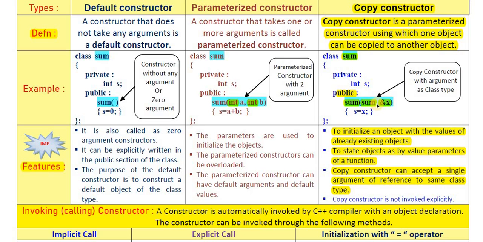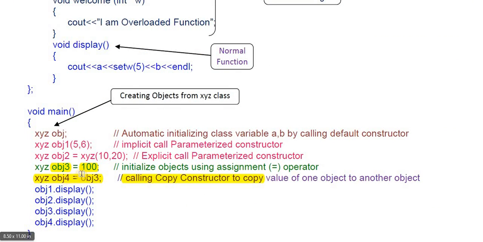Here in the example, the third point is explained: this copy constructor accepts only one argument of class type. Next, copy constructor is not invoked explicitly, means we cannot call it by its name. It will be automatically called by the compiler when we copy the value of one object into another object like this. Here we are copying the value of object 3 into object 4, so it will automatically call the above copy constructor.